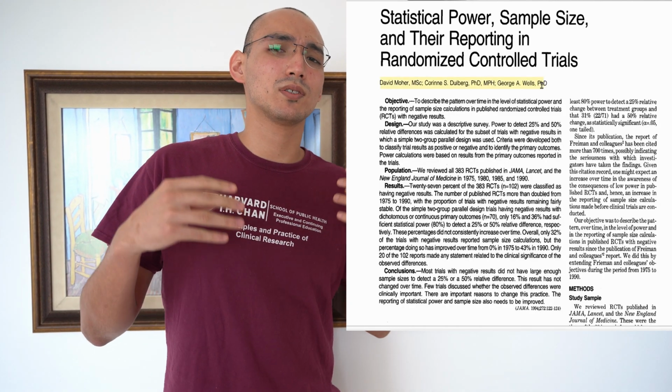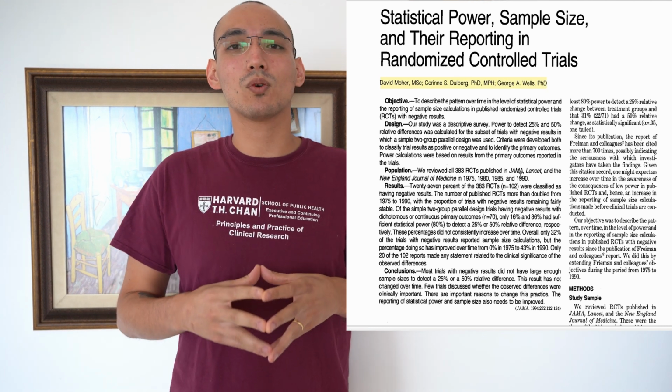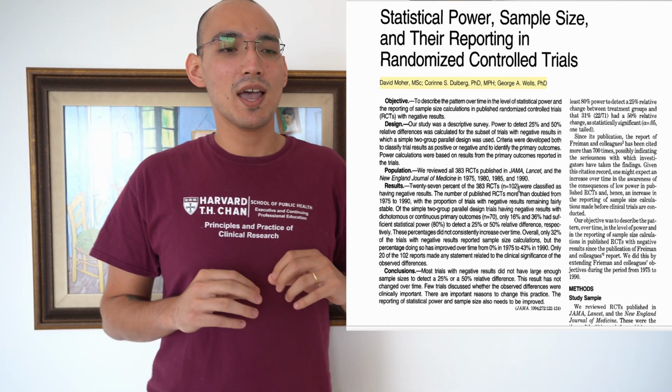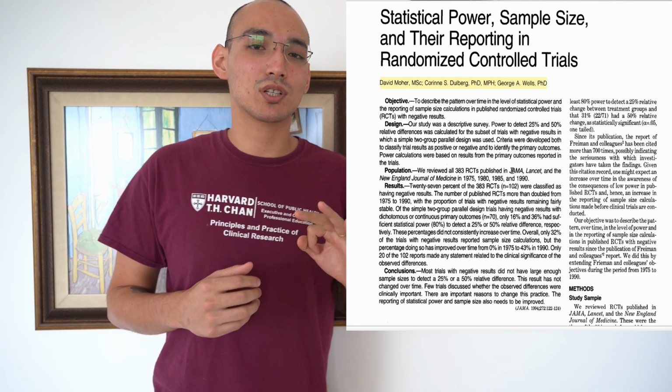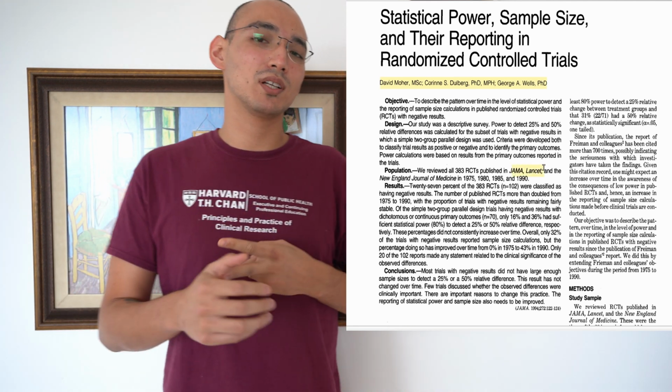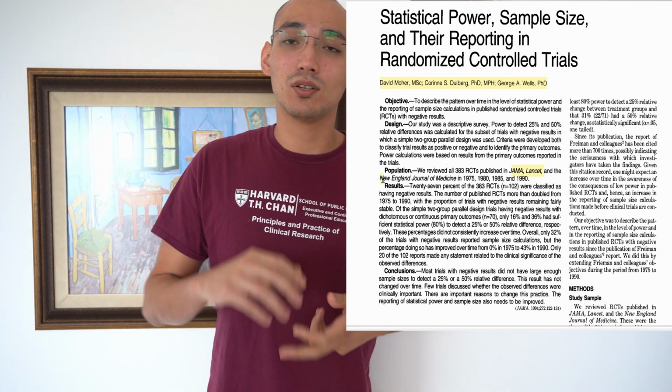If we do a brief literature review on the quality of sample size calculations, we see that there are two main articles that I found. First of all, there was Moher et al., which was one of the first groups that looked at the quality of sample size reporting, and they looked at three high impact journals. They looked at JAMA, they looked at New England Journal of Medicine, and they looked at Lancet, right?